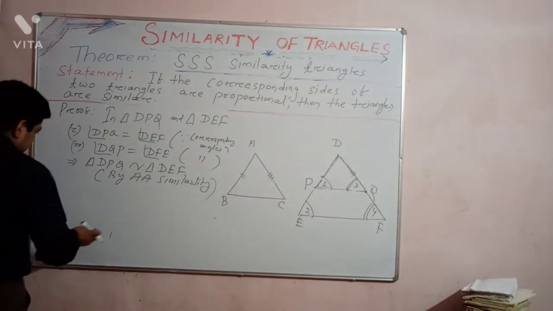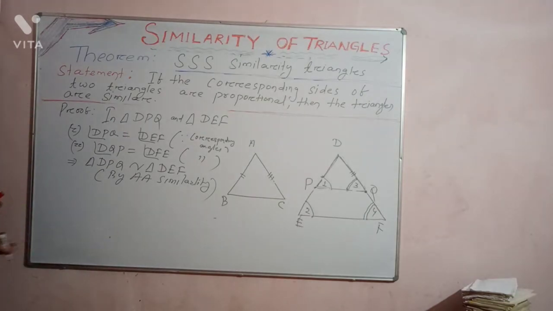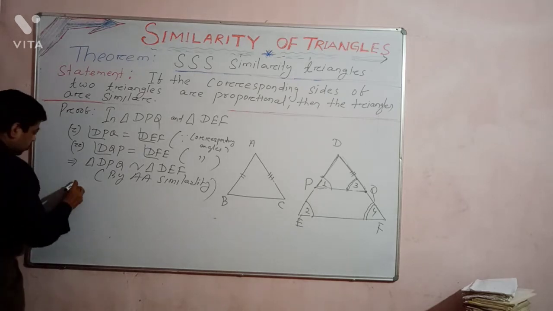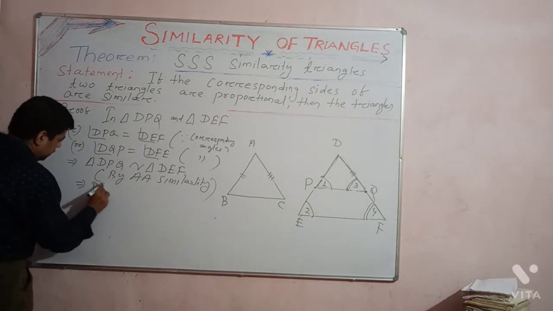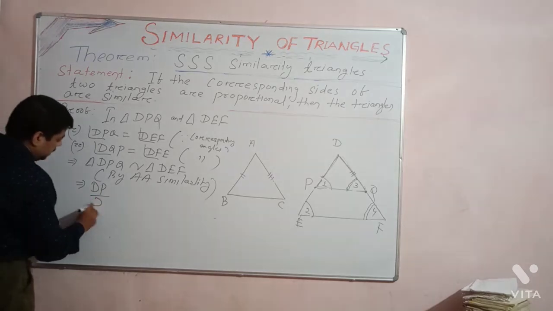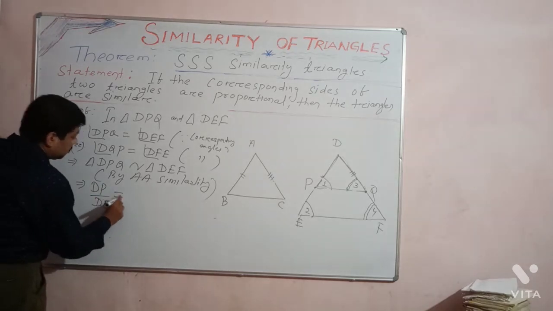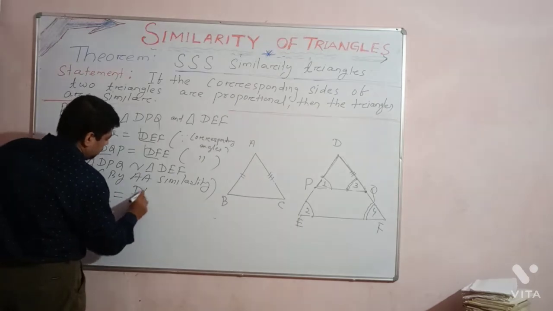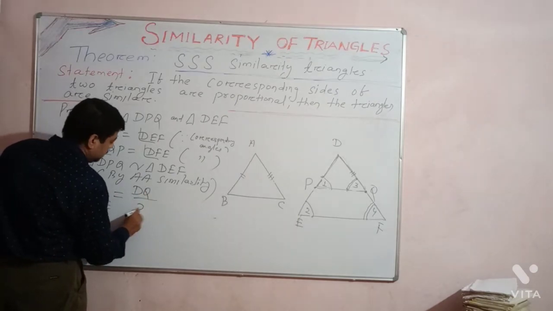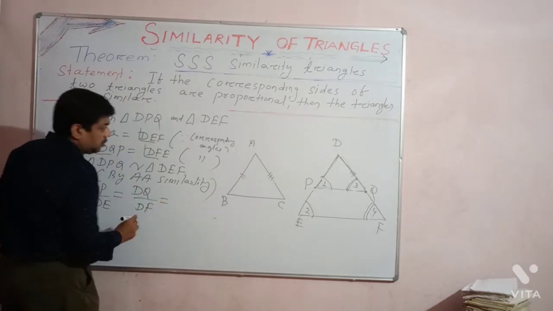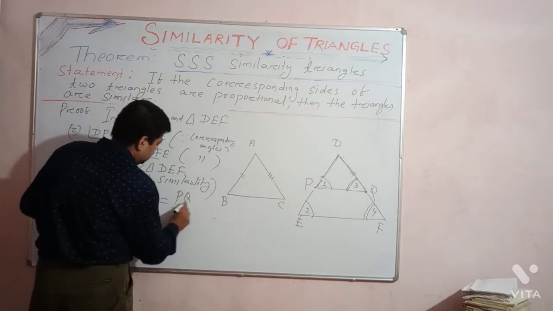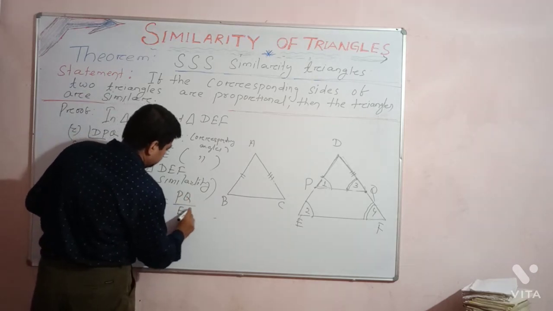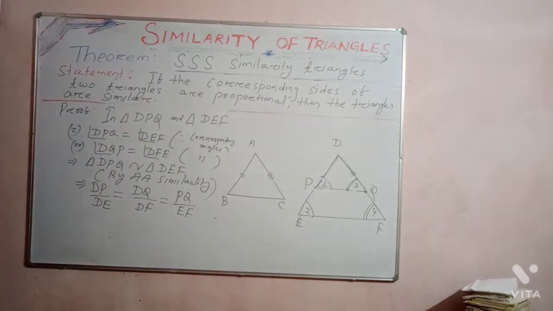Since triangle DPQ is similar to triangle DEF, the ratio of their corresponding sides are equal. So DP upon DE is equal to DQ upon DF, and is equal to PQ upon EF. Understand or not?